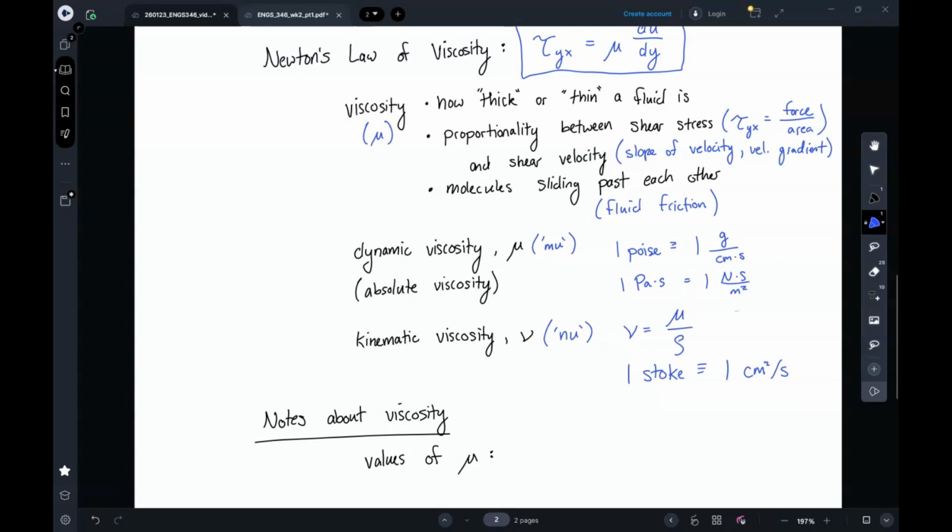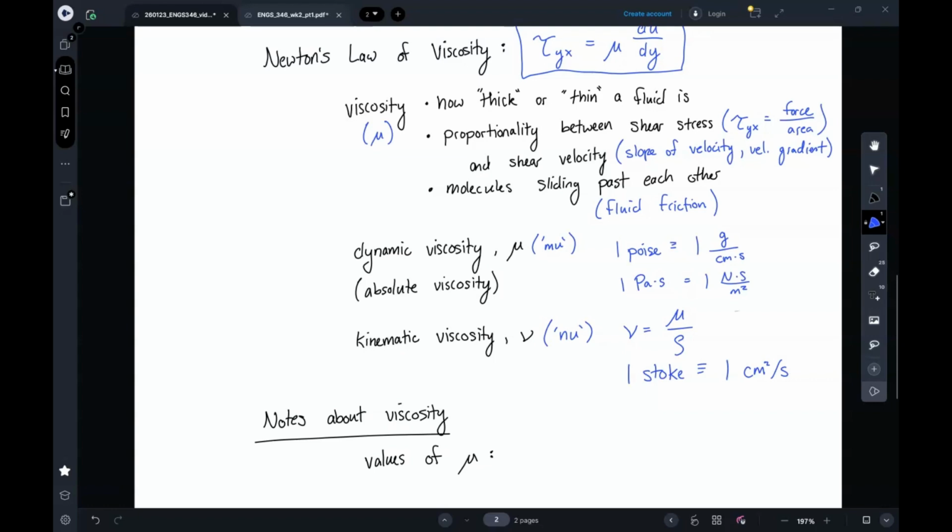What kinematic viscosity is going to help us understand is how momentum, velocity times mass, is actually diffusing into a material because of viscosity. That's going to take us a little bit to unpack, but it's about an area per time for kinematic viscosity.